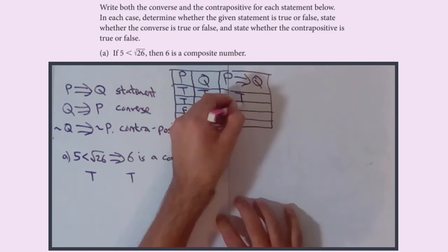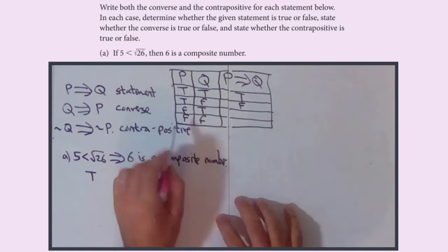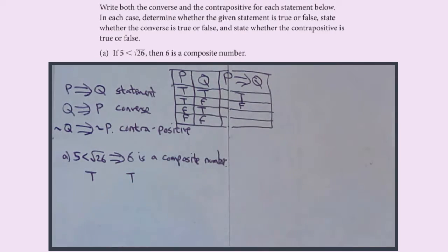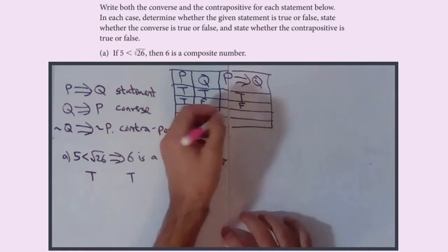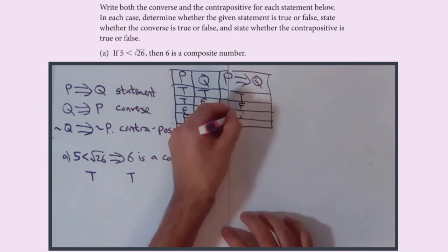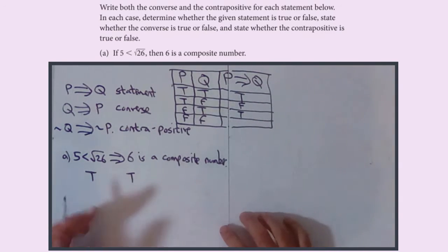So this is false. If P is false and then Q is true, it doesn't mean that P doesn't imply Q because we don't know, because P wasn't true. So just because Q was true doesn't mean that P being true wouldn't imply it. So in that case, this is inconclusive, so this still gets a T in the truth table.